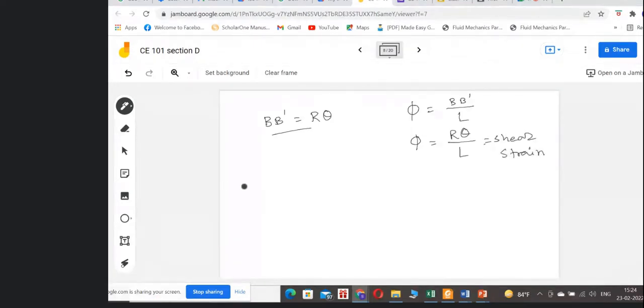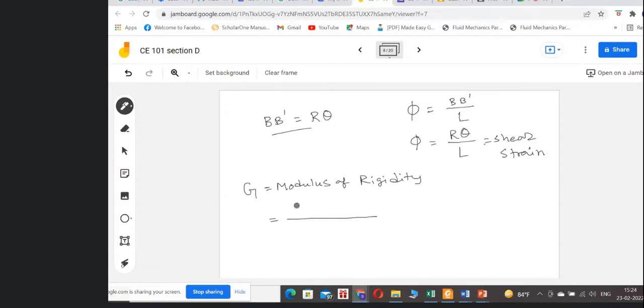Now from the theory of elasticity, if we want the definition of G, what is this G? It is the modulus of rigidity. What is the definition of G? Am I audible?